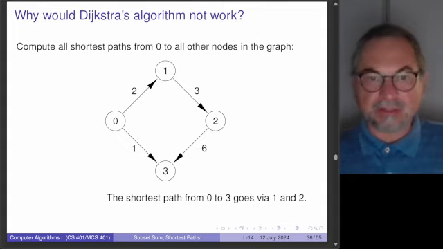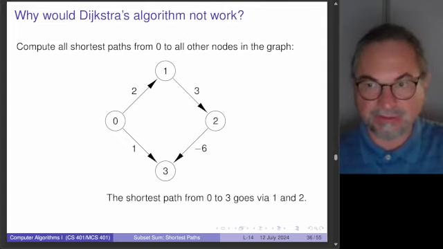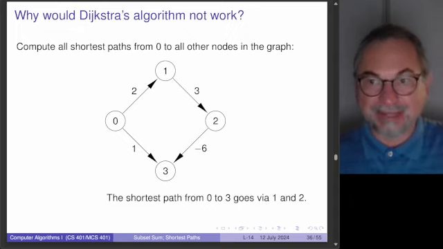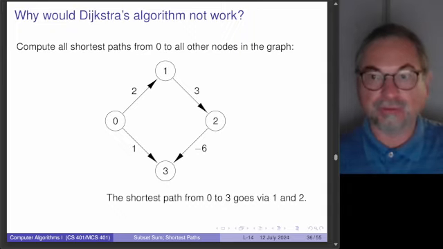So what Dijkstra's algorithm does, we start at 0. That is the node that we have already explored. Then we look at the next node that's closest to the node 0. So obviously we add 3 to it.